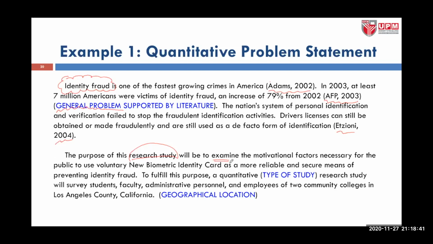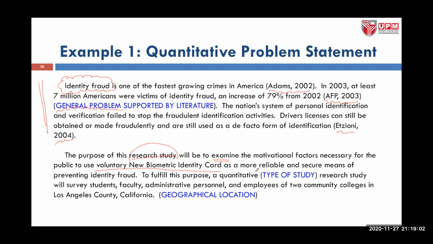Because to support your proposed idea where you want to use a voluntary new biometric identity card, you want to support your proposal by saying that there are issues earlier, right?